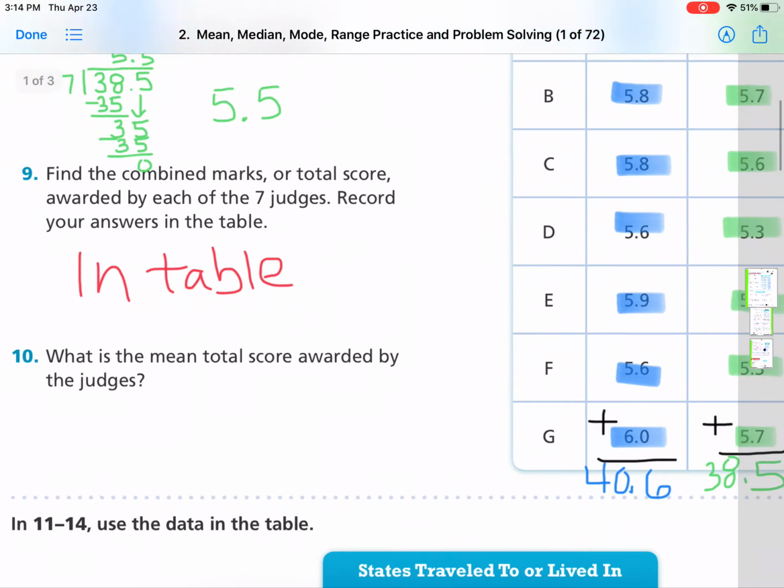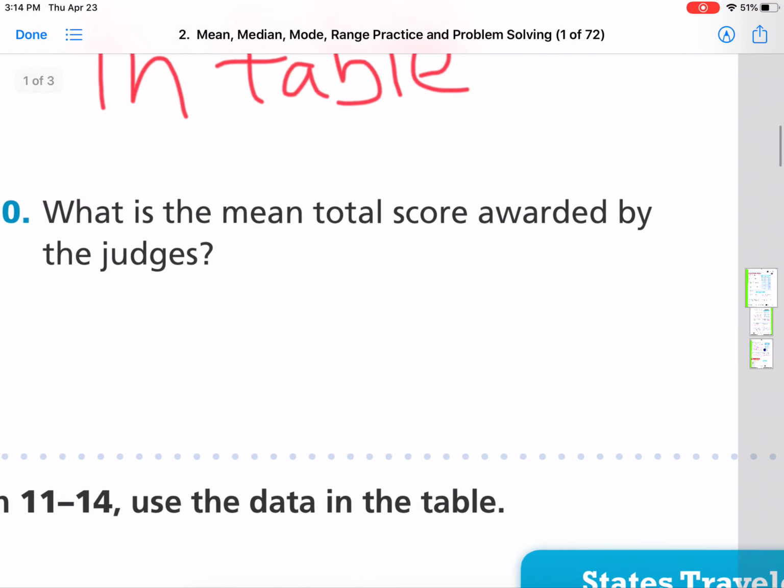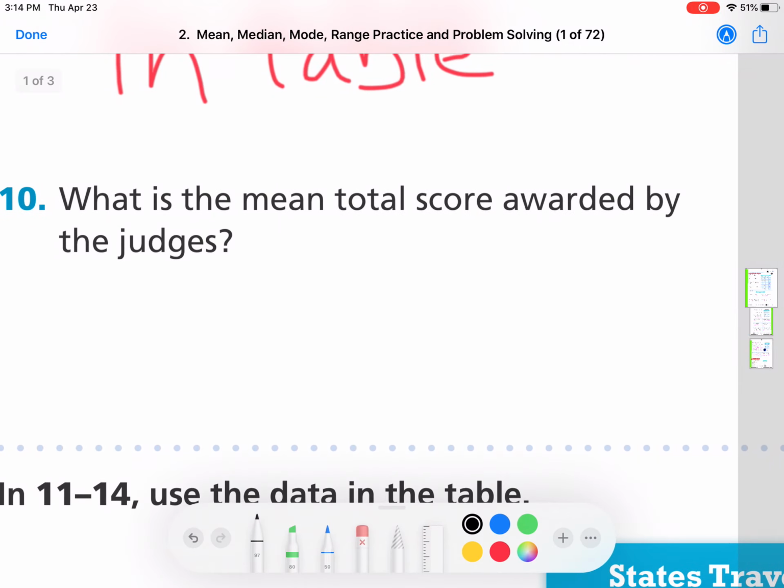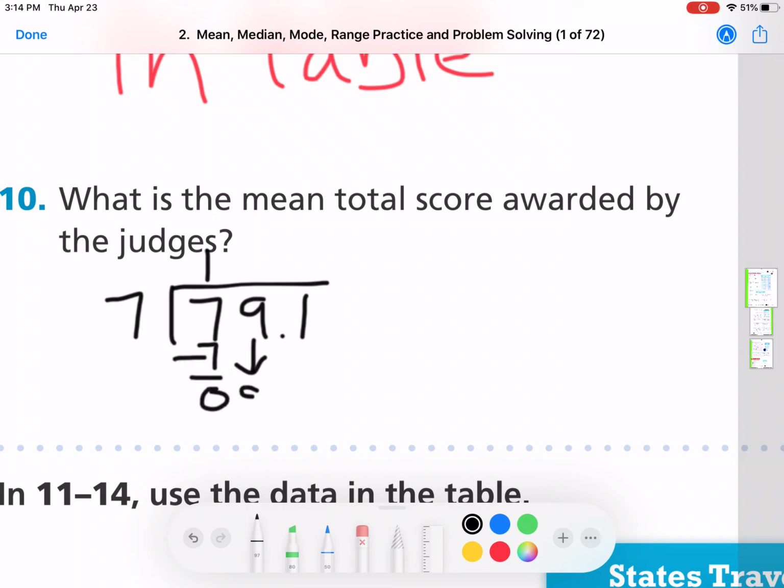So when I go look at the mean here, I'm going to take 79.1 and then divide that by 7. Now 7 goes into 7 one time, subtract and I get 0. 7 goes into 9 one time, subtract and I get 2.